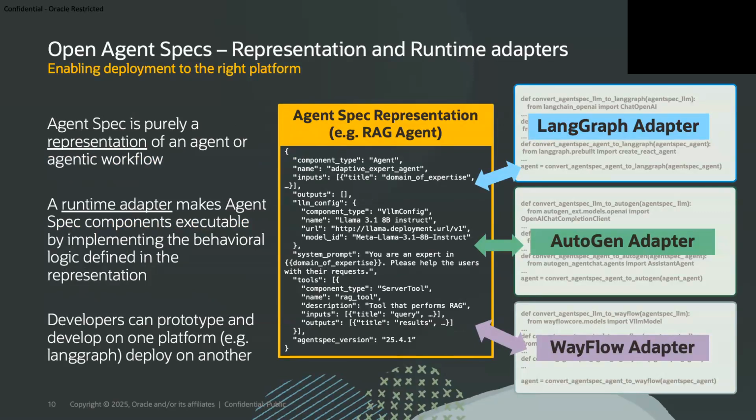We need to take the components that are on the right, what are called the runtime adapters. Here I show 3 examples that are the most advanced. You will see that we are developing them at the moment. These runtime adapters read that configuration, adapt it to the different agent frameworks, and then can execute it.